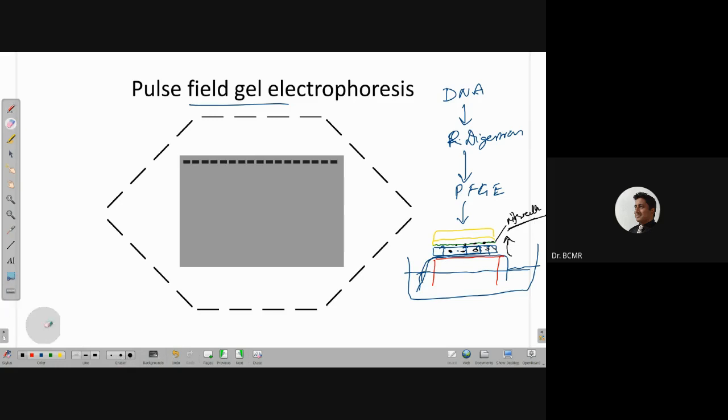Similarly, we have blotting here. The DNA is getting picked up by the nitrocellulose membrane by the arrangement that we have made. I'll draw the nitrocellulose membrane here, and the DNA is fixed on top of it like this.